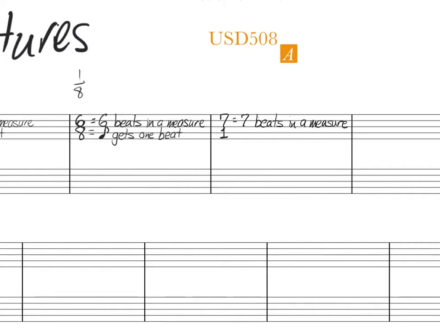And this fraction would be 1 over 1, which is basically just 1. And for that, we're just going to call it a whole note. A whole note gets 1 beat.